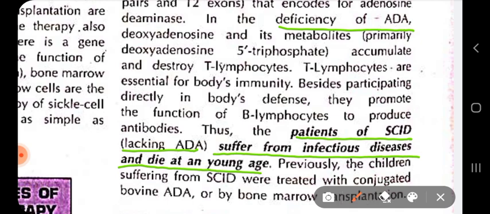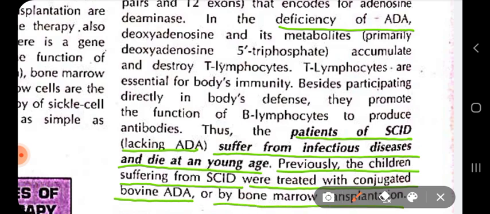And then T lymphocytes cannot activate the B lymphocytes. In this way, the body's cell mediated immunity gets totally blocked, and the patients will die at a young age from opportunistic infections. Previously, children suffering from SCID were treated with conjugated bovine ADA or by bone marrow transplantation.